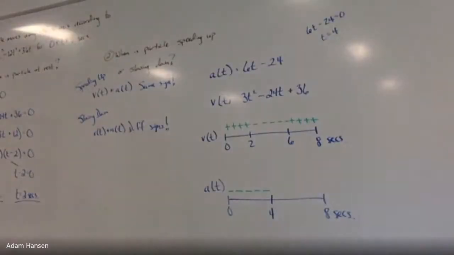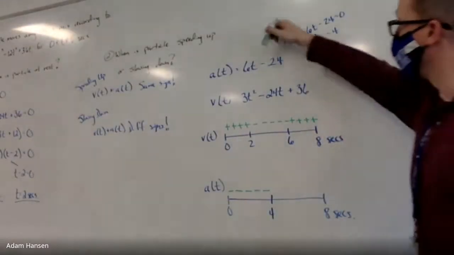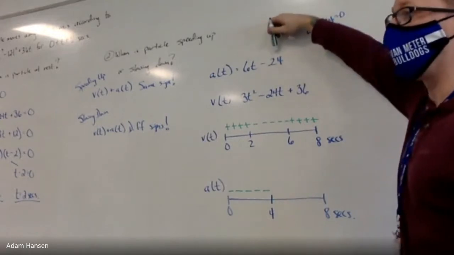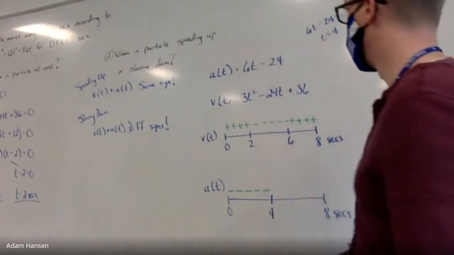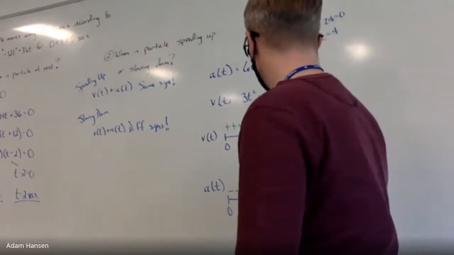Between 4 and 8, what do you want to plug in now? 6, okay. Really anything works. 6 times 6 is 36 minus 24. It's positive.